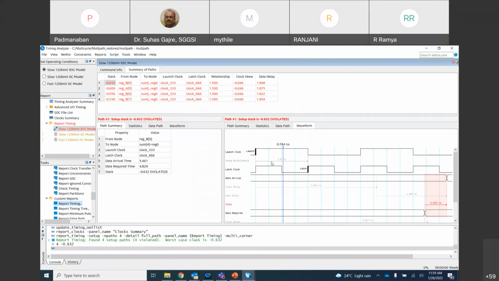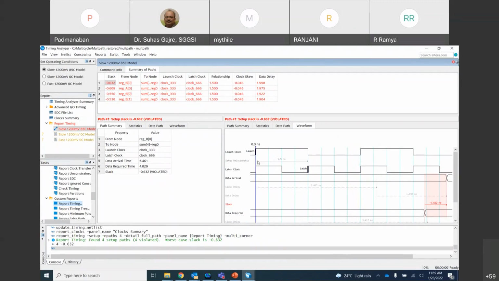But what we are trying to do is launch here and then capture here. That means this is only half cycle, not one clock period. Then what happens is the tool is trying to capture it, and it will get violated because we cannot get the correct data.